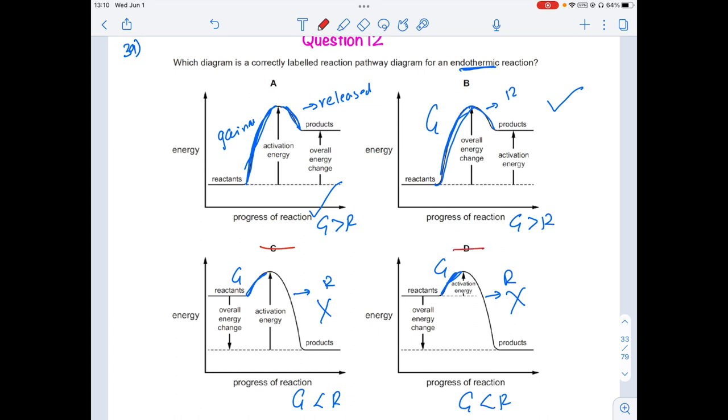Now among option A and option B, which one is going to be the correct option? We can clearly see that this energy is called the activation energy, and this is the overall change in the energy, final minus initial, because this is the initial and this is the final. Final minus initial is called the overall energy change. It is not called the activation energy. So option B is also wrong. So therefore the answer is option A.